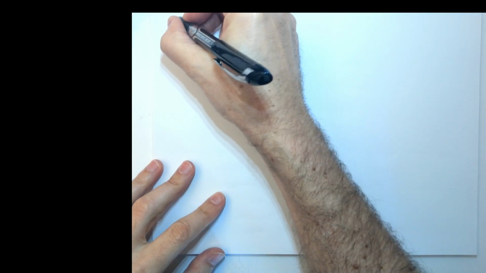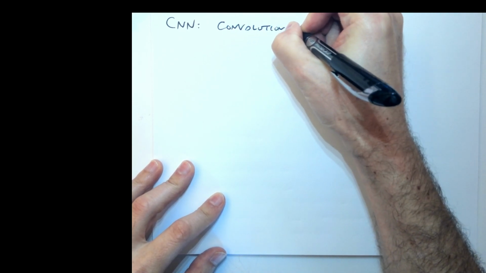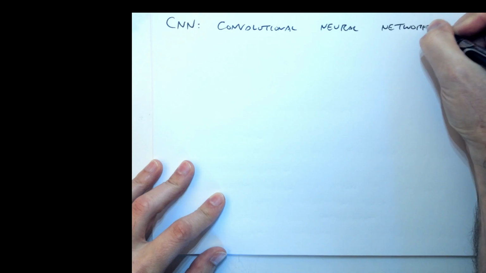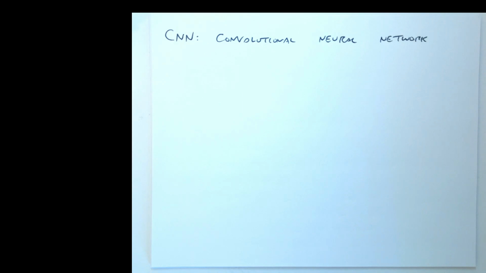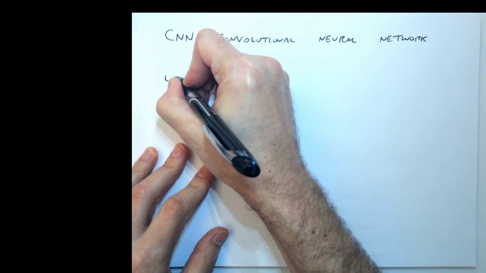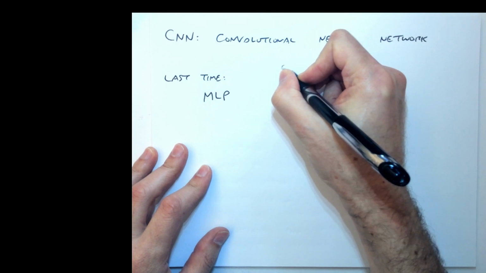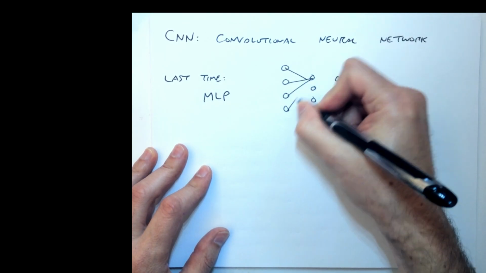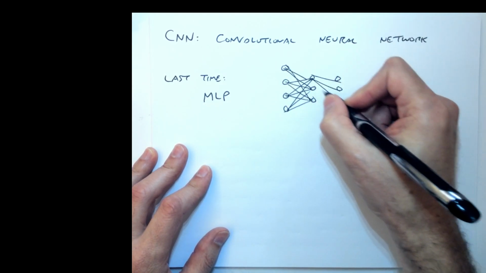So CNN stands for convolutional neural net. As a refresher, last time we introduced this idea of the MLP, the multi-layer perceptron, where the idea, and this is a very simple example, was that every input node was connected to everything else, right?